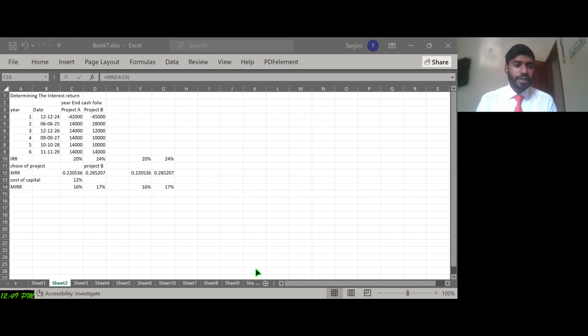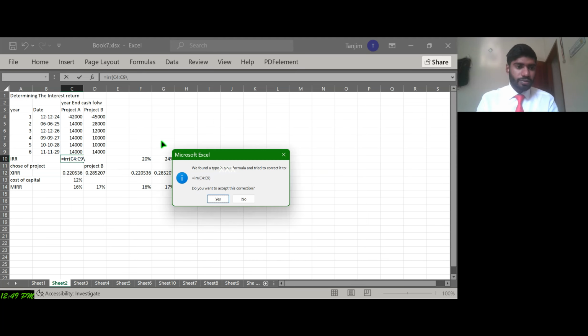Okay, now we can calculate the IRR, XIRR, and MIRR, right? Here for the IRR we can see the date and project A and project B and determine the interest rate. So firstly, we calculate the IRR. We press equal, after that IRR and the first bracket and the values. Here the values are C4 to C9, so you press C4 to C9 and then press enter.